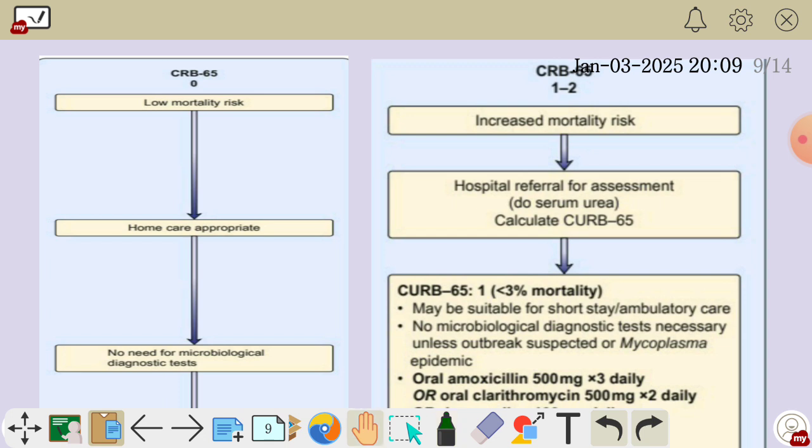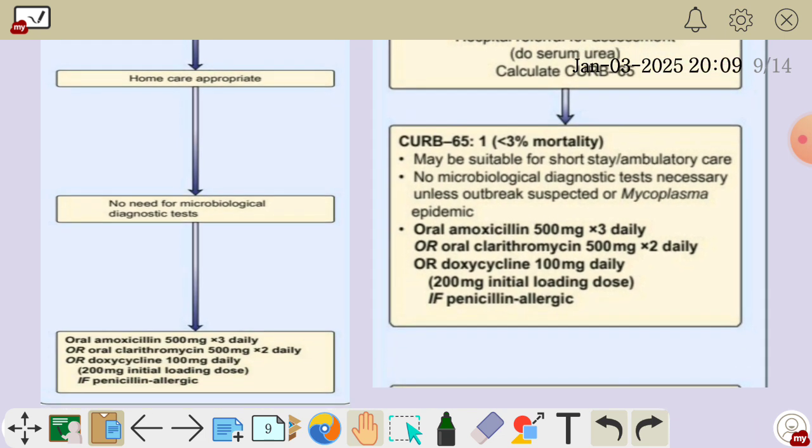The chest X-ray as well is not needed. And then from there we can just give oral amoxicillin 500 milligrams 3 times daily, or oral clarithromycin 500 milligrams twice daily, or doxycycline 100 milligrams daily.